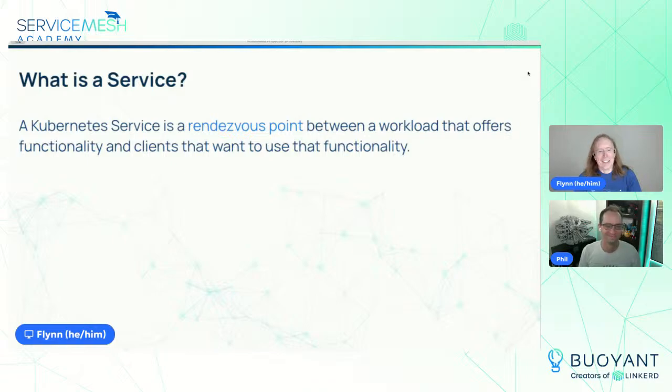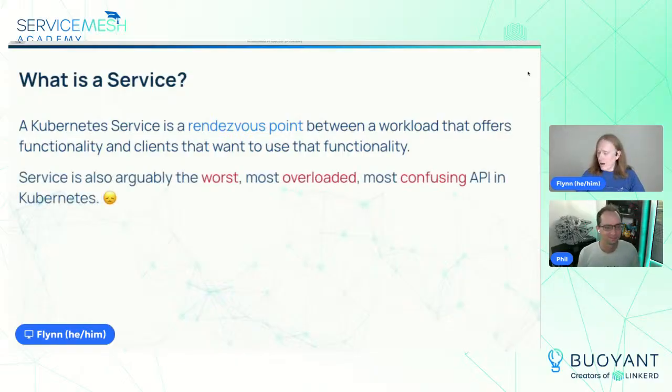The fascinating thing about service is that making that simple functionality work turns out to be arguably the worst, most overloaded, most confusing API in all of Kubernetes. What's deeply fascinating to me is that everybody who works on Kubernetes at a low level believes that, and nobody has been able to come up with a good way to do something better, because service is both so entrenched and because the things it does are so critical.